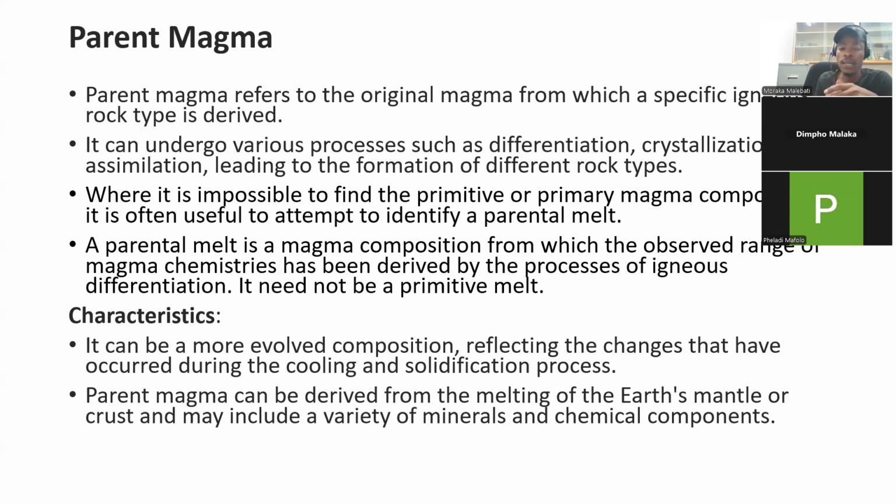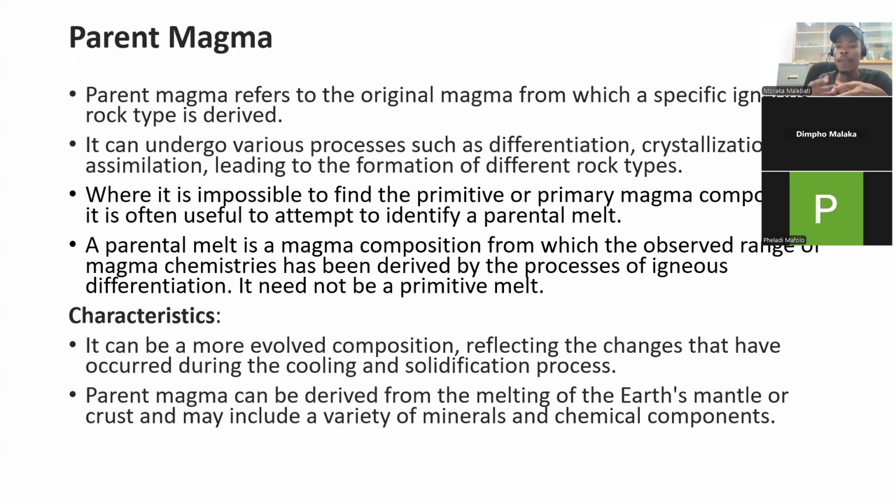Now the characteristics include the fact that this can be a more evolved composition, because it can undergo various magmatic differentiation processes. That's why the magma evolves from being ultramafic to mafic, or from mafic to intermediate, or from intermediate to more felsic.